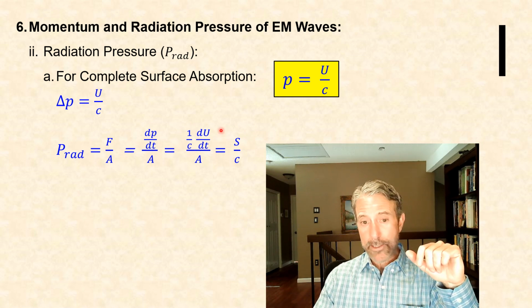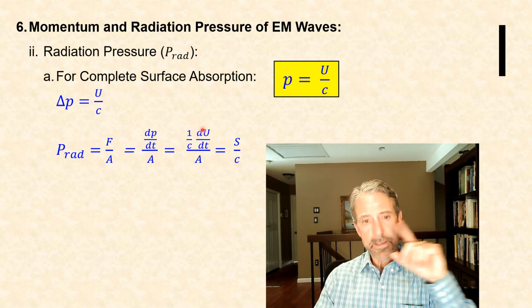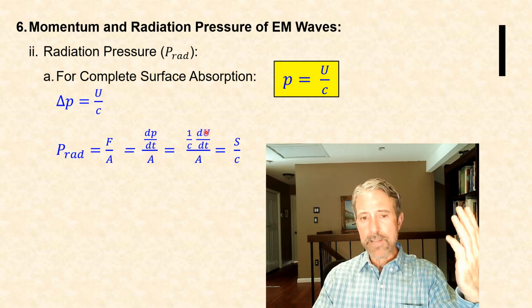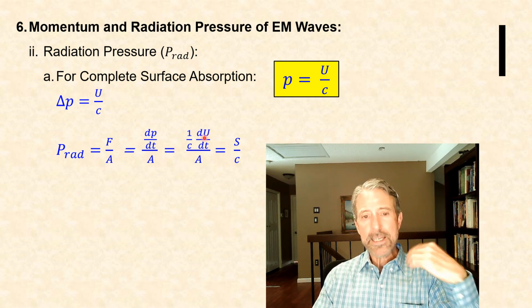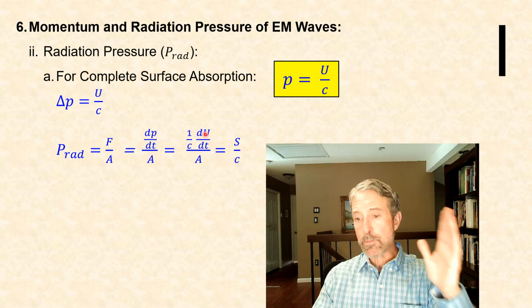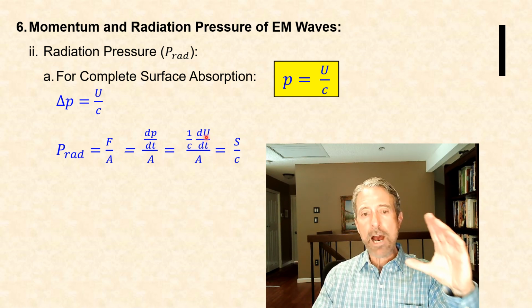c is a constant, so we get 1/c times dU/dt. Think about the meaning of dU/dt. U represents the energy of that electromagnetic wave, so dU/dt represents the rate at which that wave's energy is being transferred. This is really a measure of the wave power.